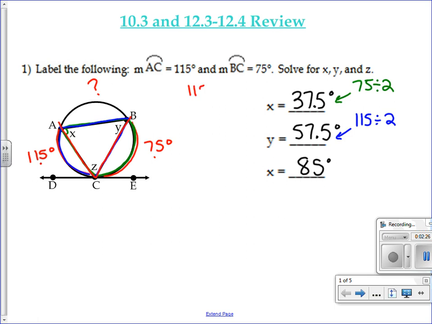You can add the 115 with 75, you're going to get 190. Subtract that from 360, which will give you 170. And then if you know arc AB is 170, you can take half of it to get Z.